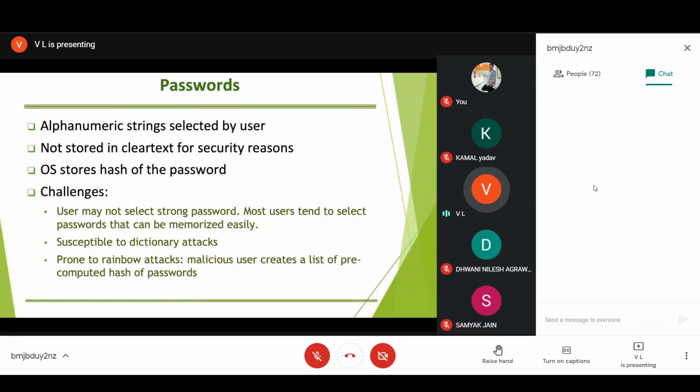So generally this password cannot be stored in clear text, so it has to be encrypted. But then the encryption key has to be also stored somewhere. So generally most of the time the operating system does not store the clear text or encrypted data. Basically they compute the hash of the password and store that hash.